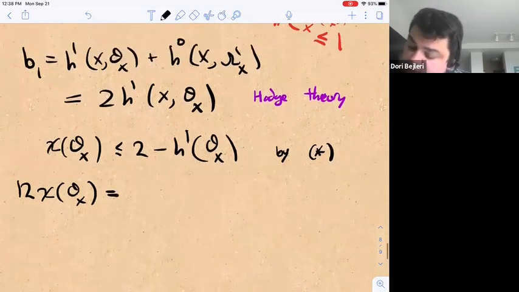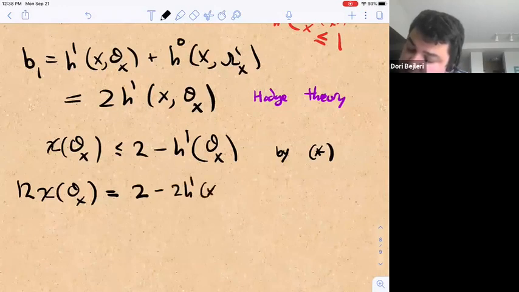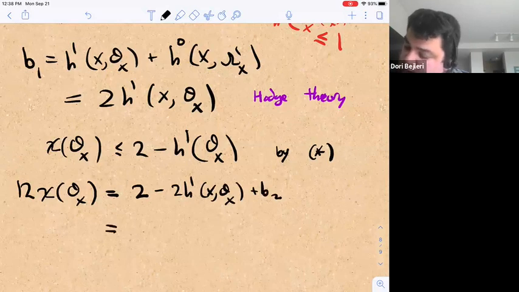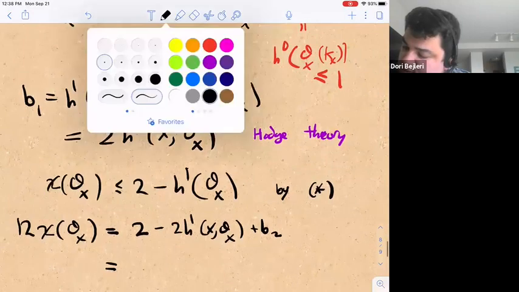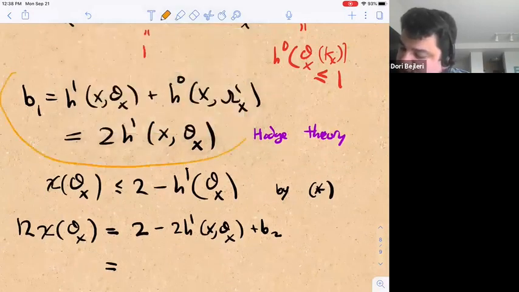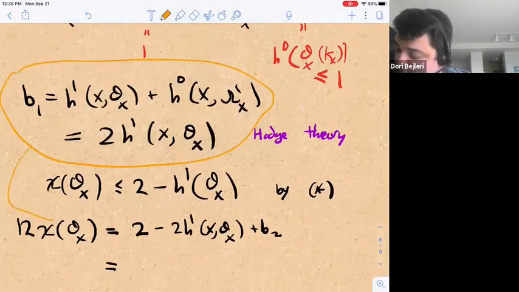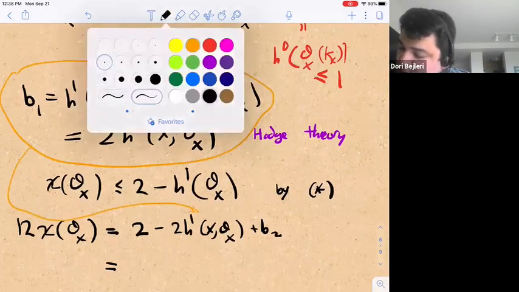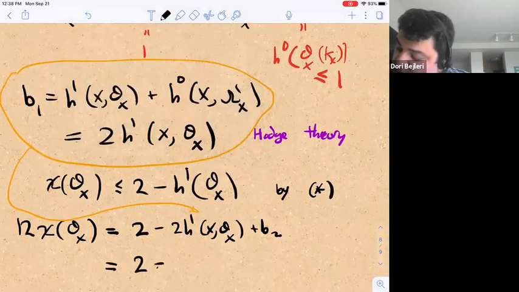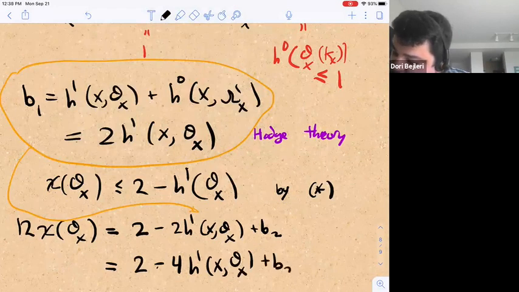So this will be 2 minus 2H1(X, O_X) plus the second Betti number, and then by this observation here, we get that this is 2 minus 4H1(X, O_X) plus B2.